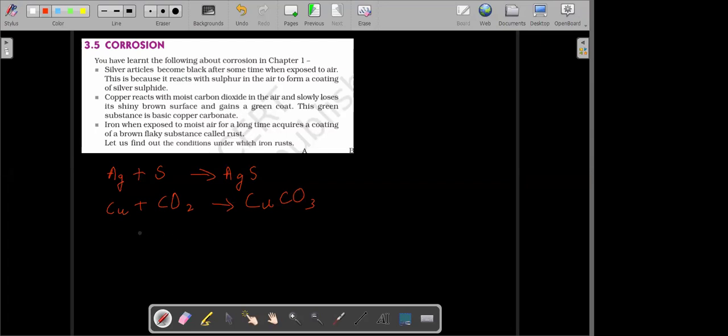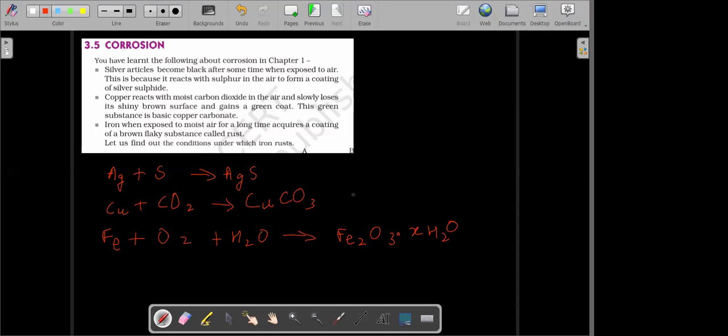A similar thing happens with iron, and the corrosion of iron is called rusting. Iron reacts with atmospheric oxygen along with moisture to form rust. This is Fe2O3·xH2O. There can be any number of molecules of H2O, and they help in the formation of rust.